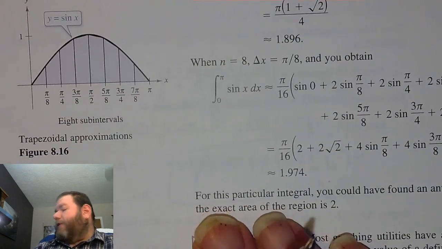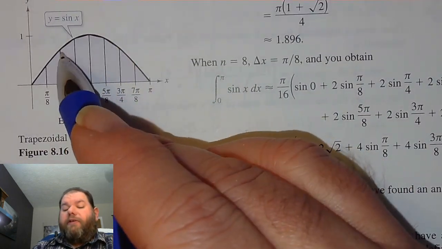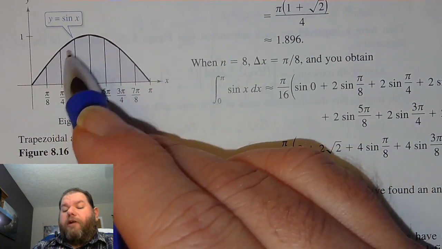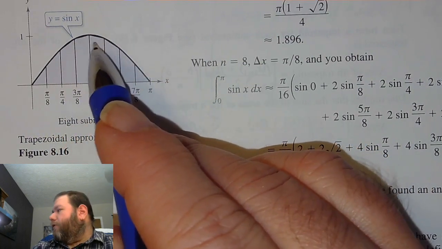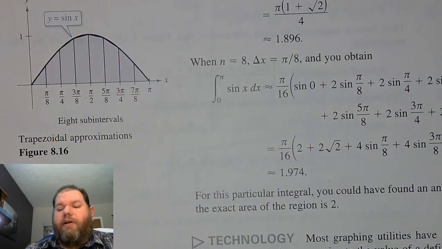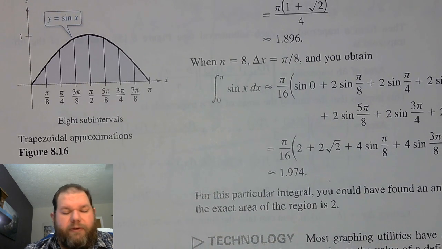If we look at n equals 8, though, we see the solid lines underneath where the top of the trapezoid is just short of the curve in these different locations, particularly in the middle. Again, it's not going to be completely accurate, but we see a lot closer because those gaps now are a lot smaller with more trapezoids in there. And so it's very similar to the idea of Riemann's sum, except Riemann's sum was rectangles, not trapezoids.